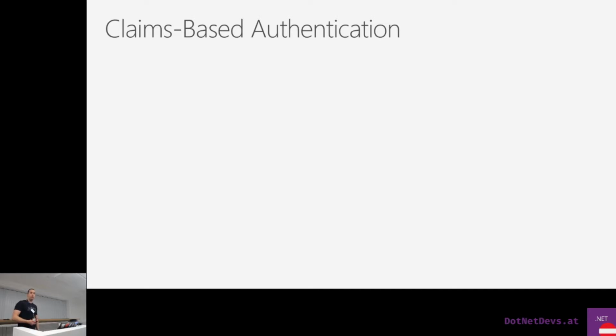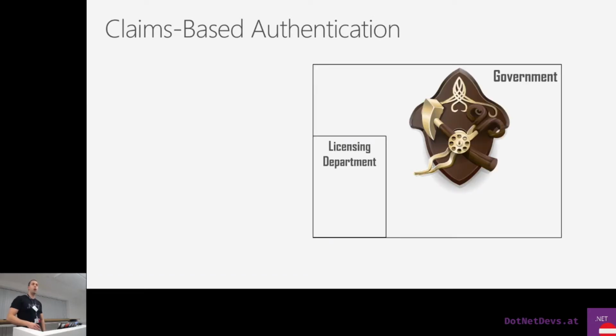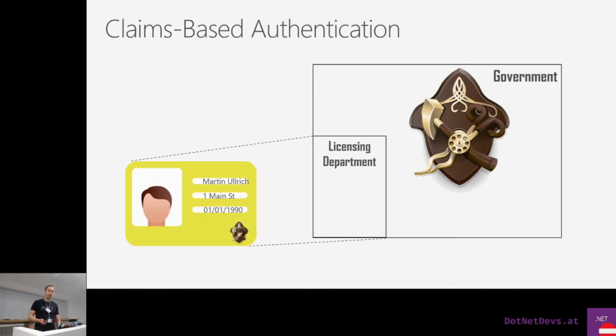So how does it look in practice? You would usually have someone that you trust, which would be the government, for example. The government has a token service, which would be like the licensing department, which issues driver's licenses, passports, etc. And they would issue a token, like a driver's license.